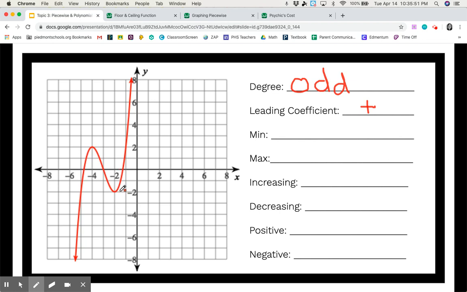This local minimum is at the y value of -2. So you can write it as y equals -2, or you can write it as whatever that point is. So that point is at (-2, -2).